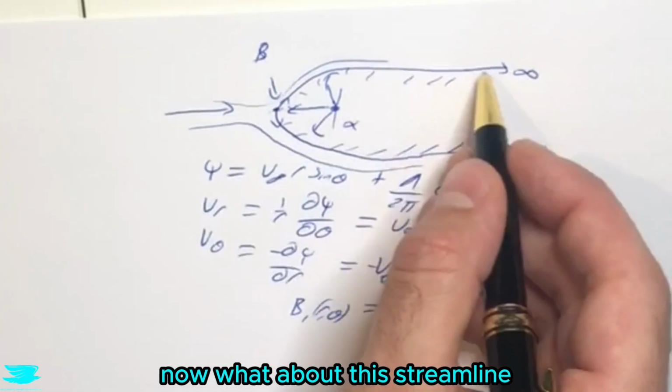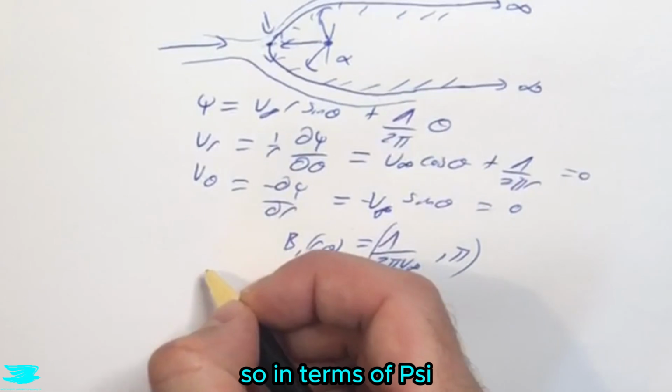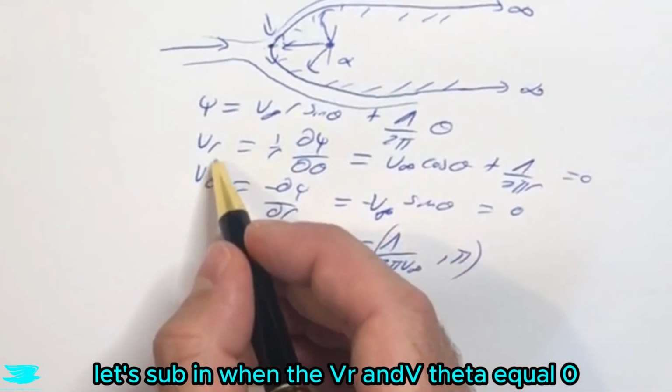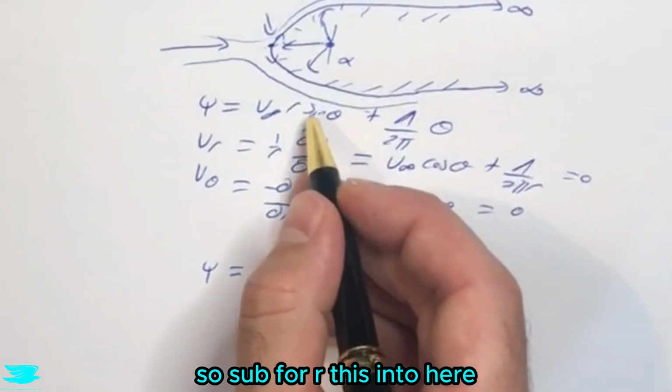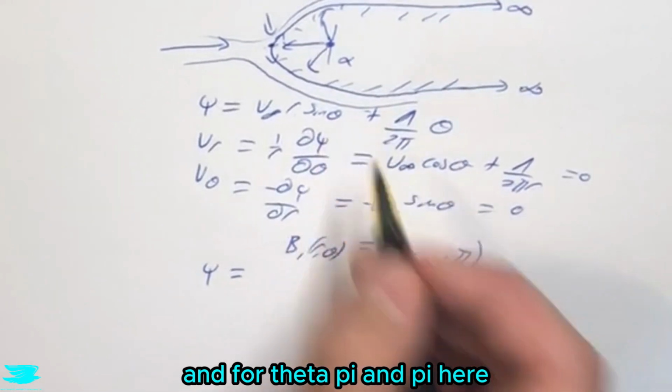Now, what about this streamline? Can we calculate what this streamline is? Yes, we can calculate that too. In terms of psi, let's substitute in when v r and v theta equal 0, and we know these coordinates. So substitute for r this into here, and for theta, pi and pi here.